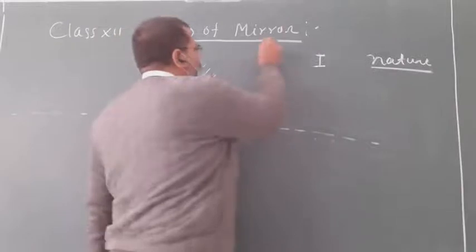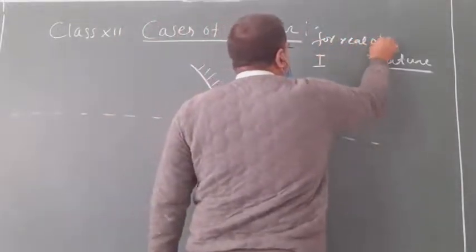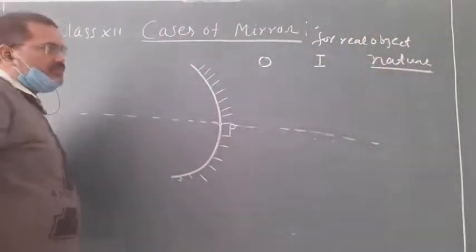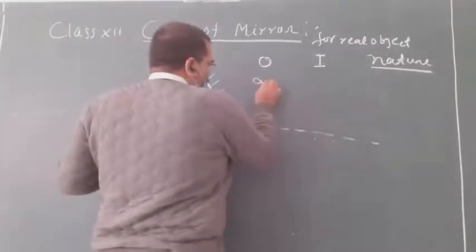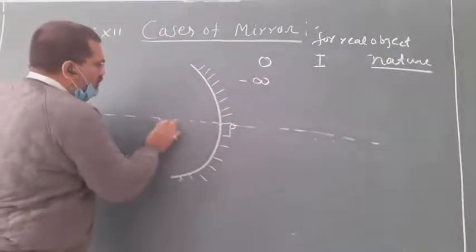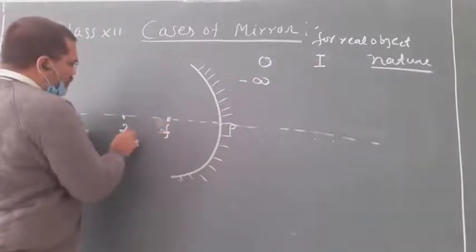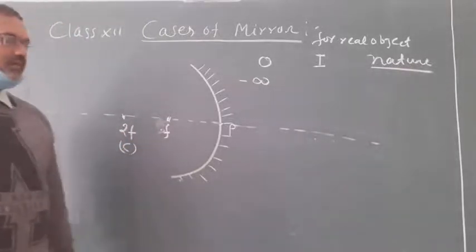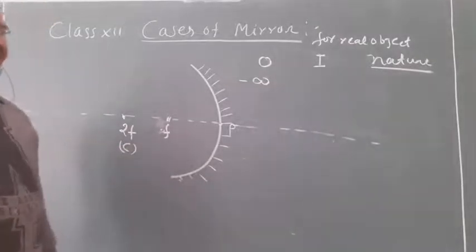So for real object, when object is at infinity, that is minus infinity, this is the focus, and this is 2f, or radius of curvature. Radius of curvature is 2 times the focus, we can say here.